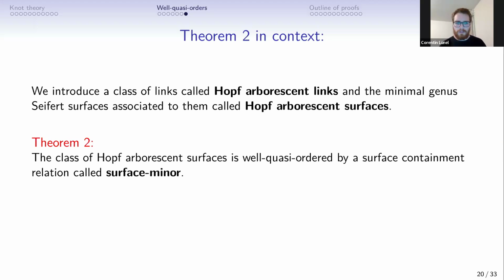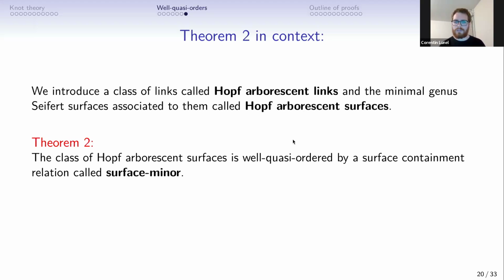And this kind of result is in line with other results about surfaces associated to links. However, we remove some assumptions about the shape that the surface can have. Like, they only use positive crossings, and we use both positive and negative crossings.